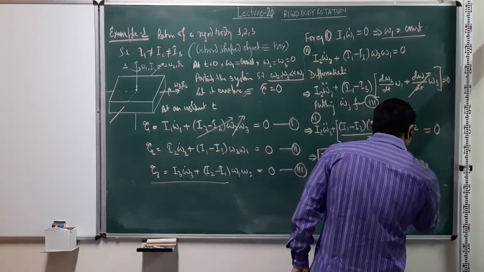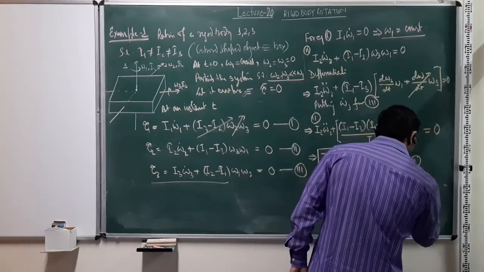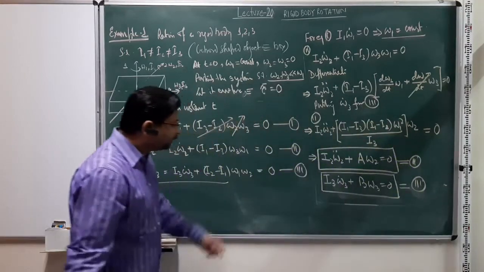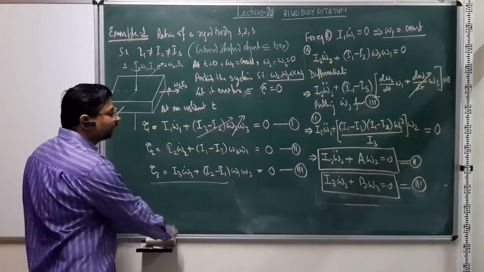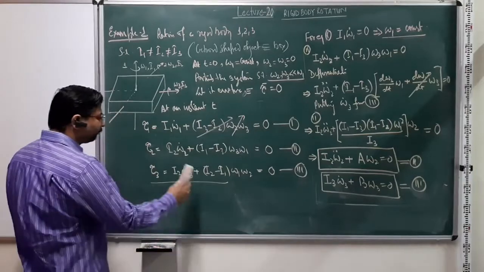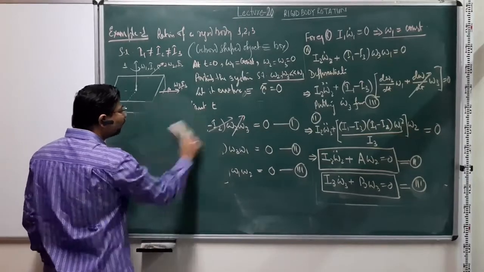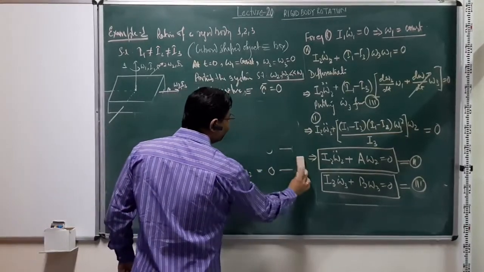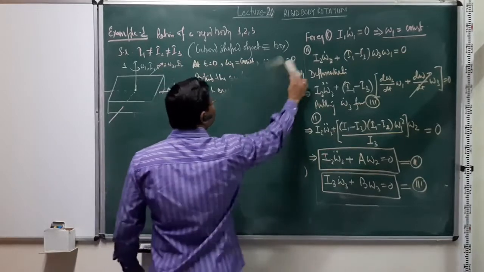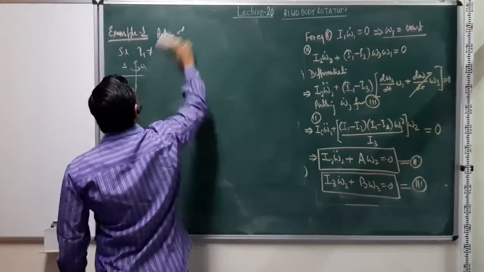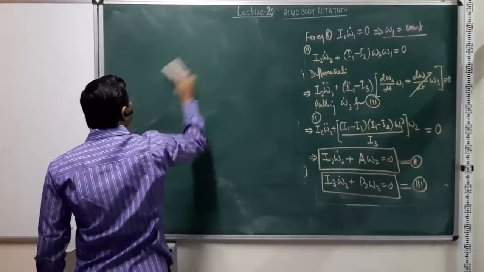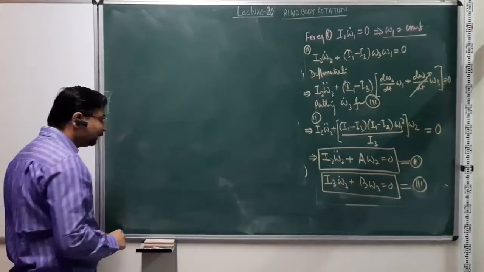So this is my 2 and this is my 3. Right? So these are now the equations of motion along these other directions, obtained from Euler's equations. And now depending on the values of A and B, we can see what kind of physical system they represent, or what kind of evolution of the system that we consider they represent, right?